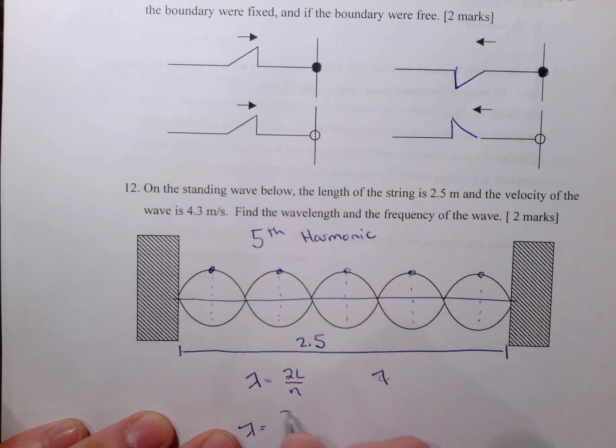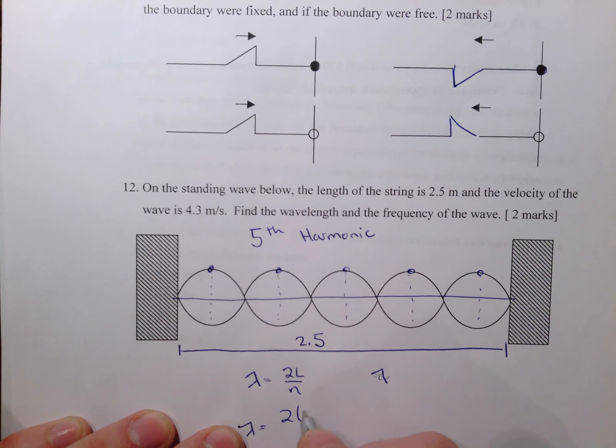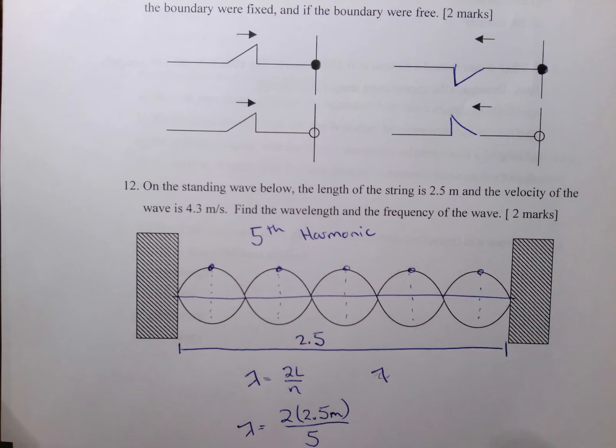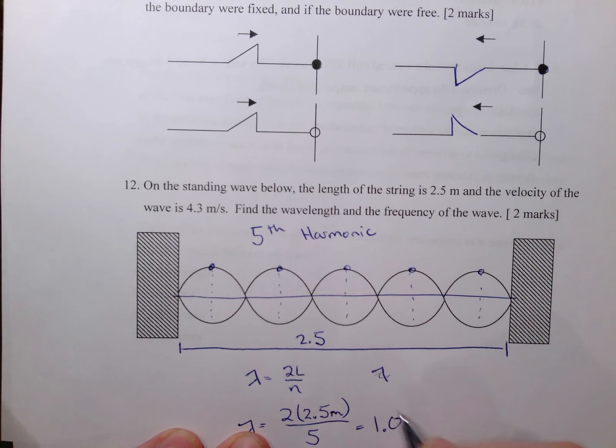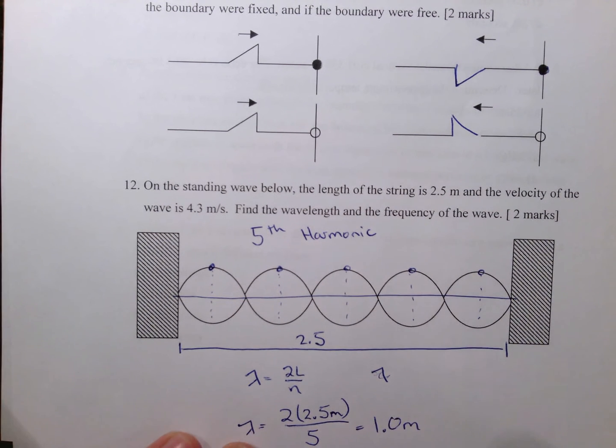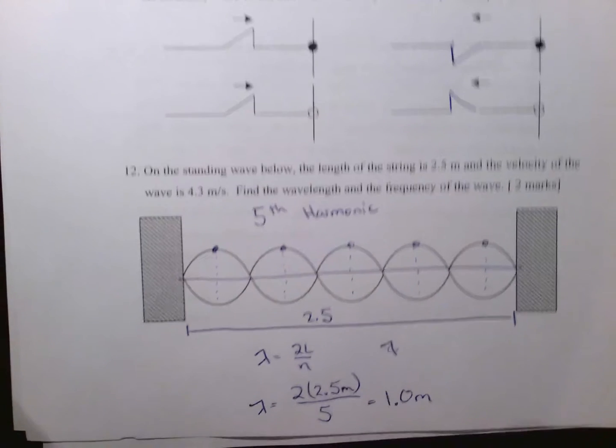Wavelength is equal to 2 times, in this case, 2.5 meters divided by n, which is 5. And 2 times 2.5 is 5. 5 divided by 5, wavelength is 1.0 meters. It's kind of convenient.